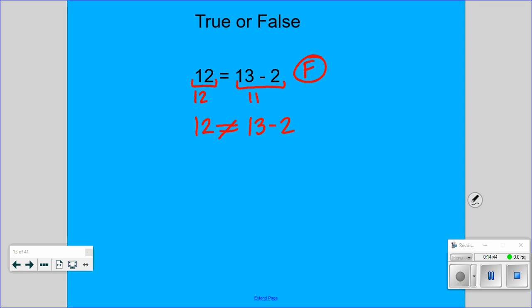That one is correct, but there's a better symbol I could put in there. Harper? 12 is greater than 13 minus 2. Facing the other way, yeah, so I could write 13 minus 2 is less. That'll work, yes.